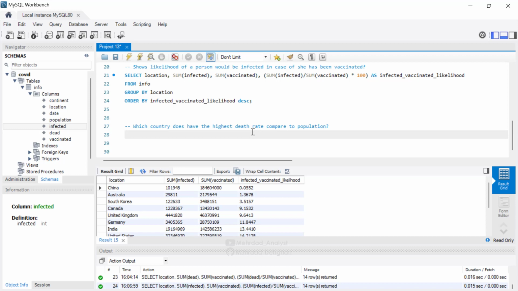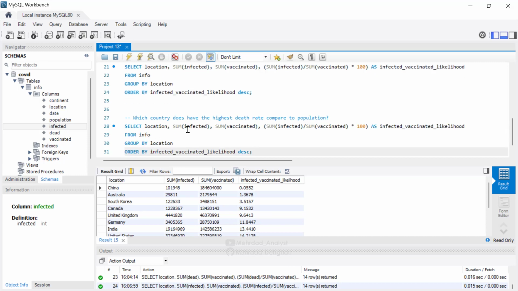We see the death rate in Iran was the worst and in China was the best. But let's compare with the population. So for doing this, I just copy here. We need to have population because we want to see the population.